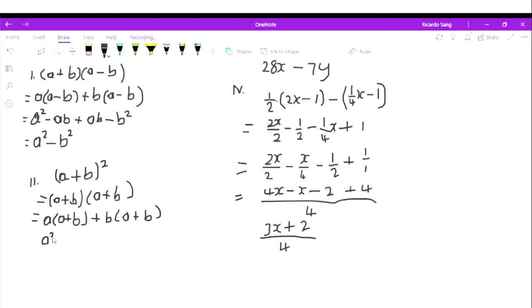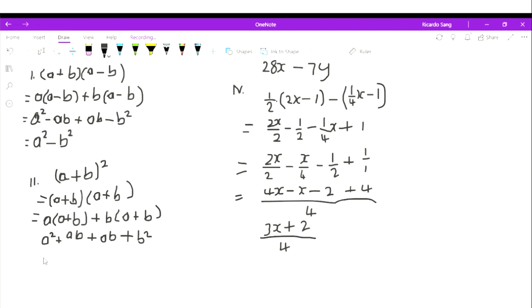So this is going to become A squared, A times A is A squared, and this is going to become plus AB plus AB plus B squared.